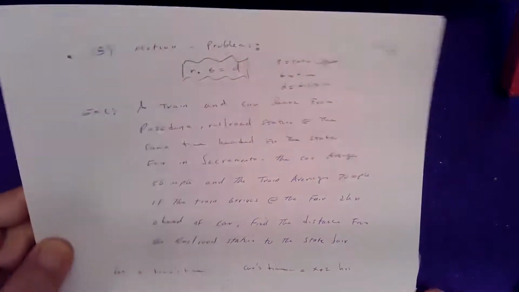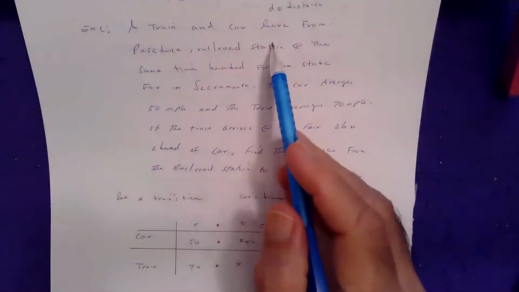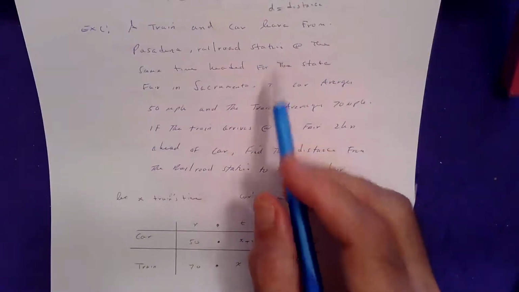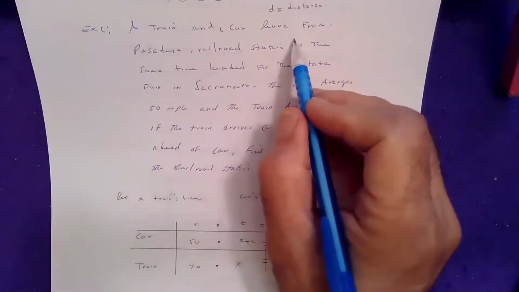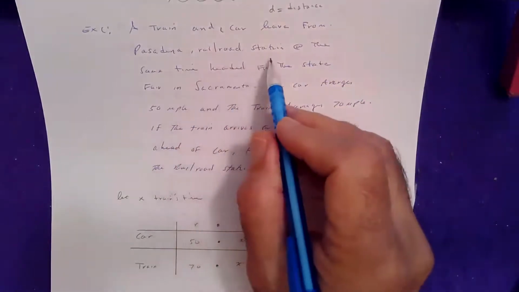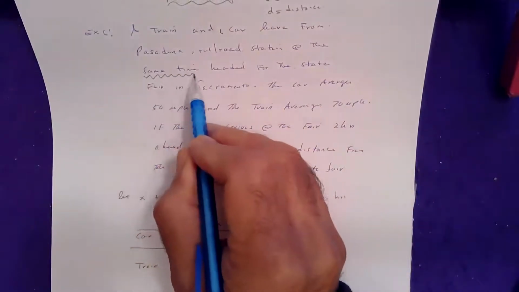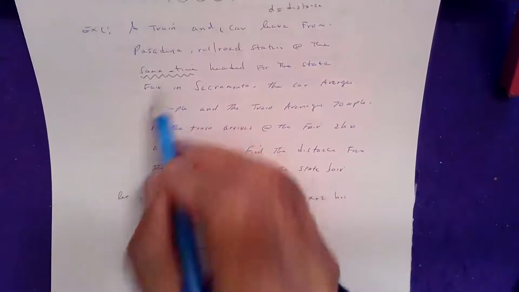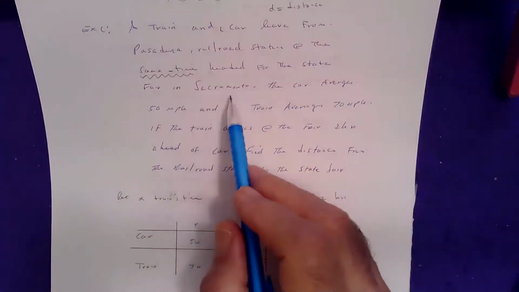Now, here's the problem. A train and a car leave from Pasadena railroad station at the same time. So read the problem carefully. It says at the same time, headed for State Fair in Sacramento.